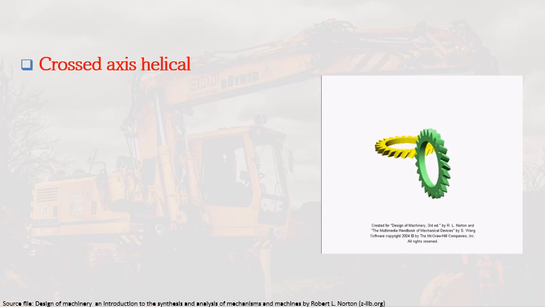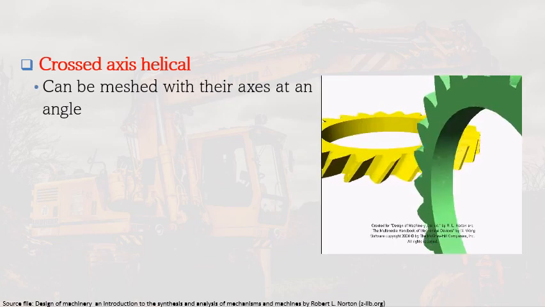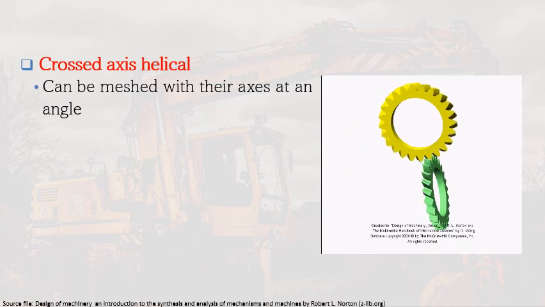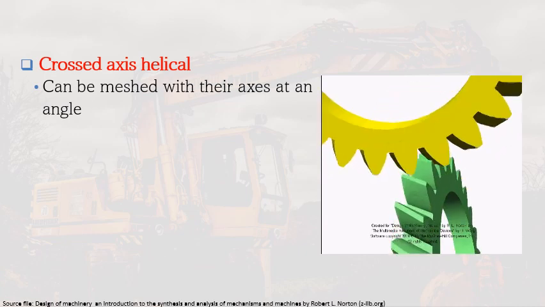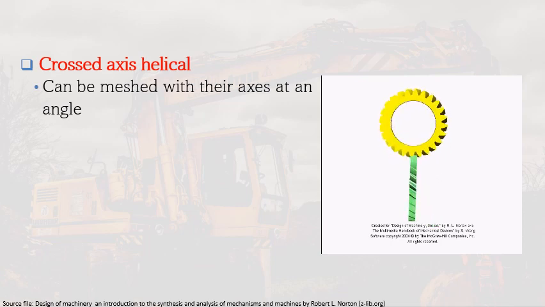So we can do that by using cross-axis helical gears. So as you can see, we can mesh with our axes at an angle which is not necessarily 90. So we can actually have different kinds of mesh, depending also on the helix angle.